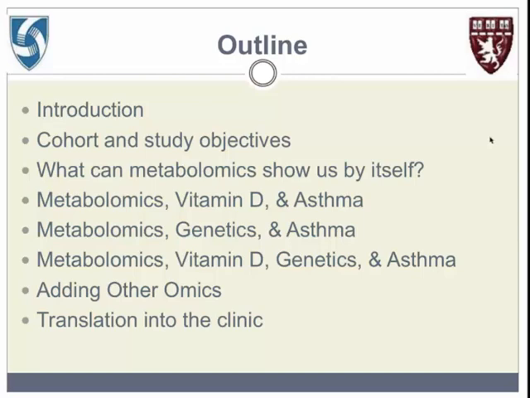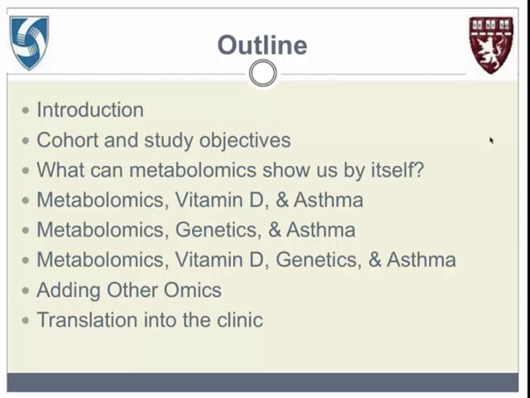We're then going to take that same general framework and ask the question, what can metabolomics show us in conjunction with genetics and a disease outcome, where the disease outcome is asthma? We're then going to put all of that together, where we have metabolomics with vitamin D, genetics, and asthma. And so this can really be generalized to a framework of metabolomics, genetics, environmental exposures, and disease.